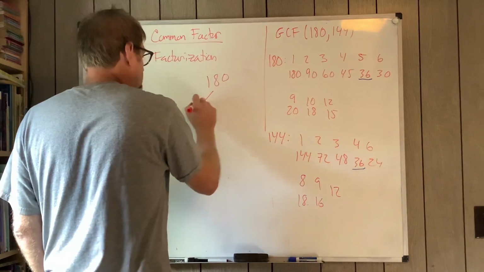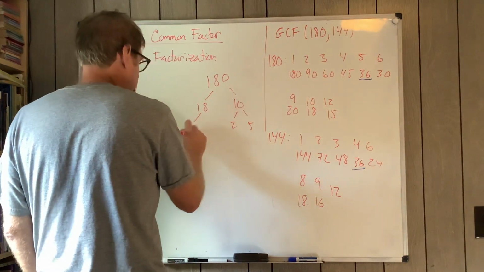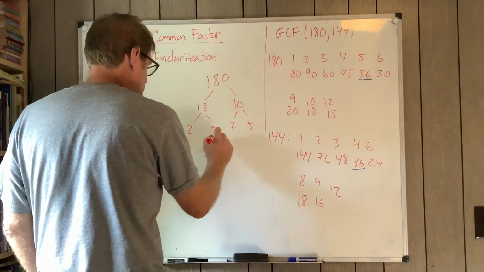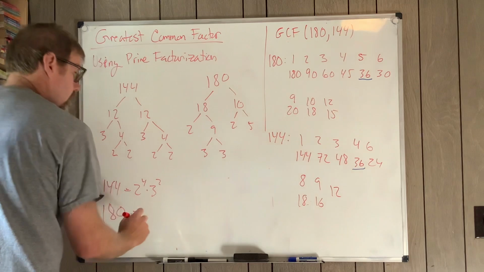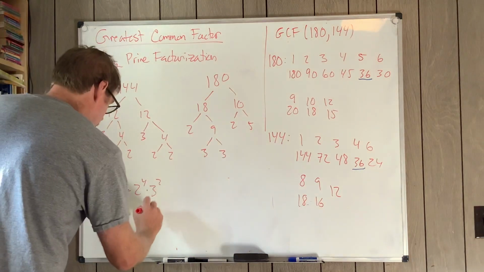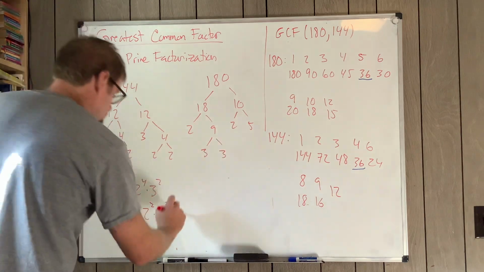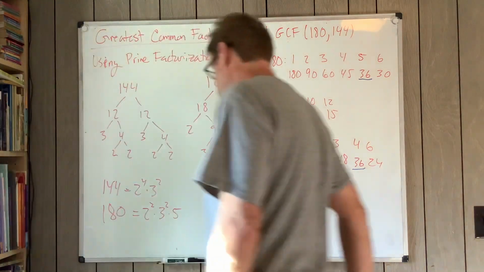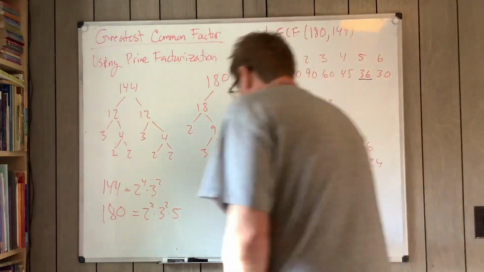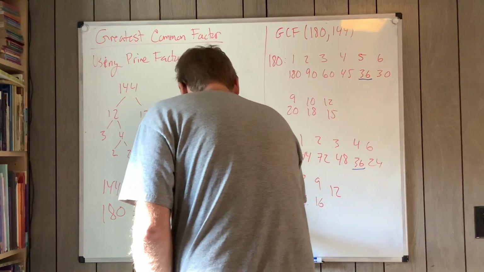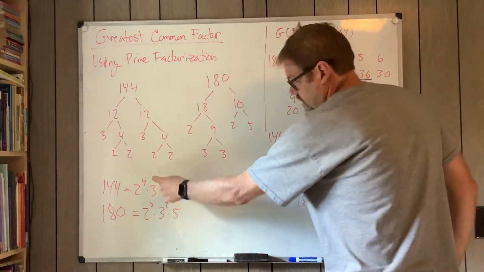And 180 is 10 times 18, 2 and 5, 2 and 9, 3 and 3. So 2 squared, 3 squared, and 5. So the GCF of these is just the common terms to everything.